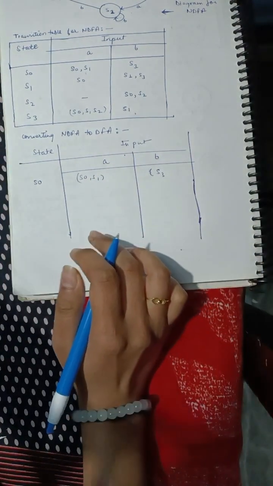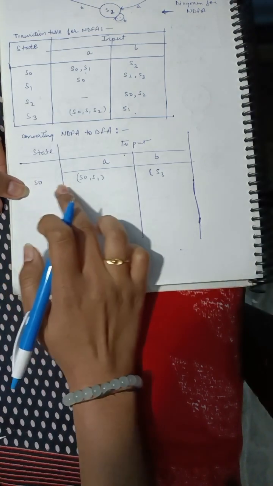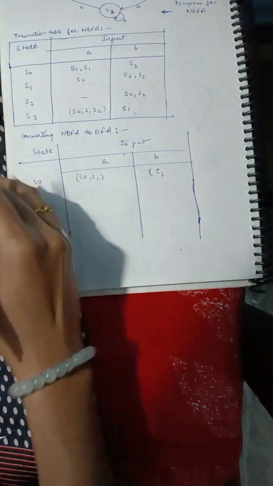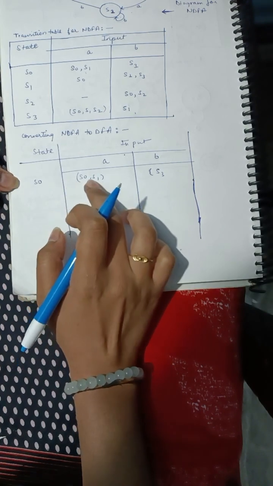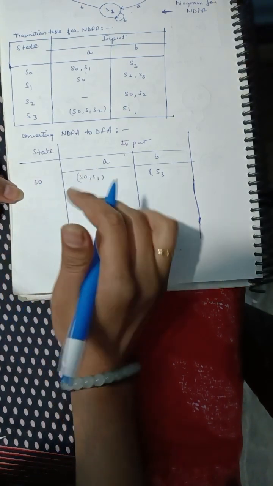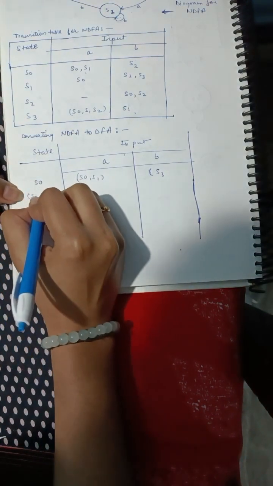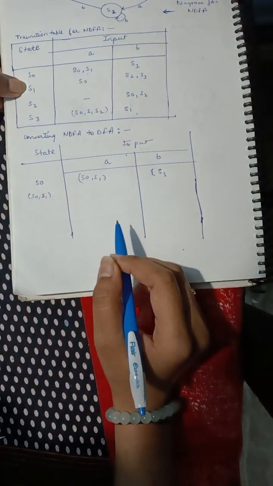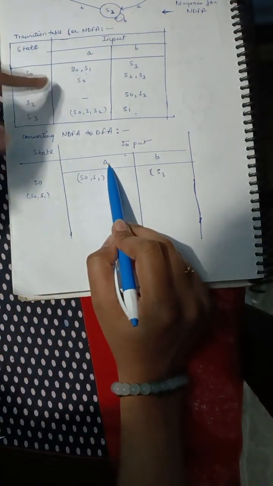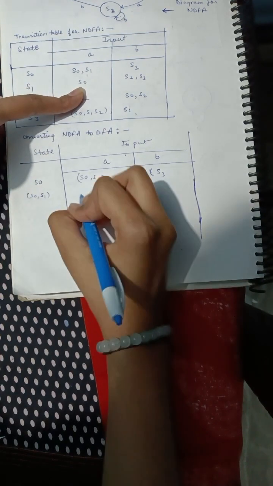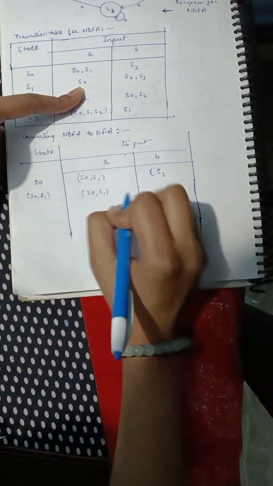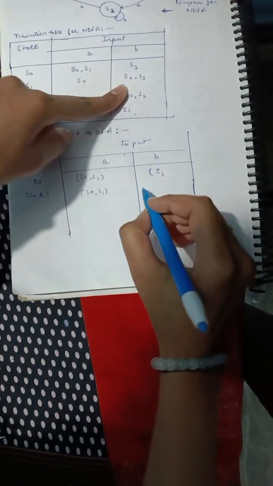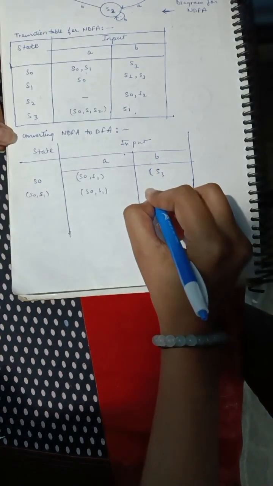Okay, now next it will be S0, then it will be S0 comma S1, means the next value is S0 comma S1 after S0. So we will write here S0 comma S1. Okay, for S0 comma S1 the value at A will be S0 S1 S0, means S0 comma S1. Okay, at B it will be S3 S1 S3, means overall it will be S1 comma S3.